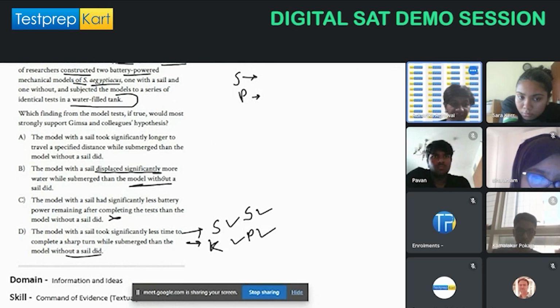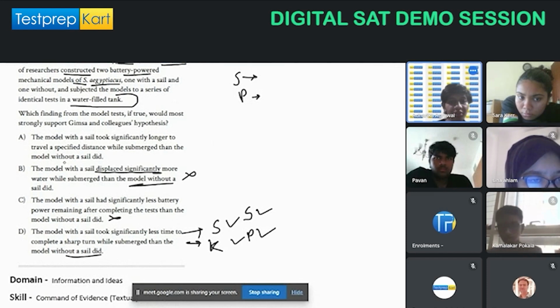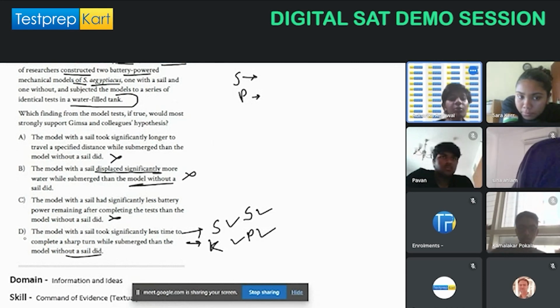Okay, no one. The model with a sail took significantly longer to travel a specified distance while submerged than the model without a sail did. Is there anyone who wants to go with this? So all of you are going with D, right? Yeah. Okay, that's correct.